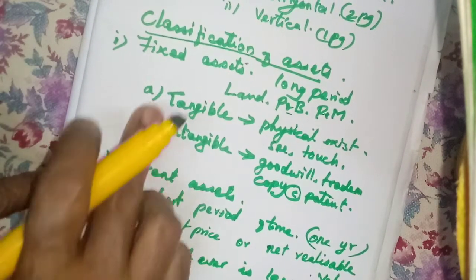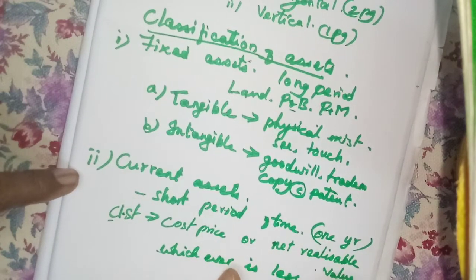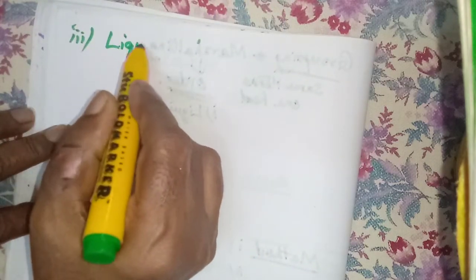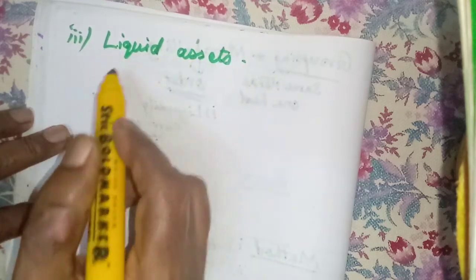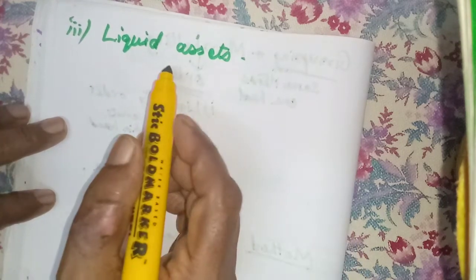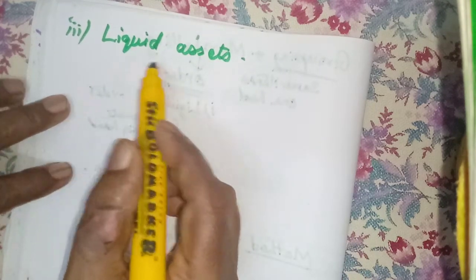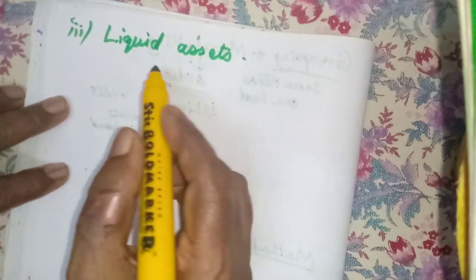Now you might have understood what are fixed assets and what are current assets. Some more assets are available that we will learn. Another one, liquid assets. Liquid assets, the short form of liquidity. Liquidity means what? Convertible into cash. Here, among the current assets, some assets cannot be converted into cash.